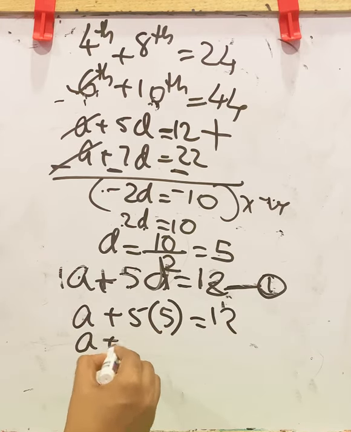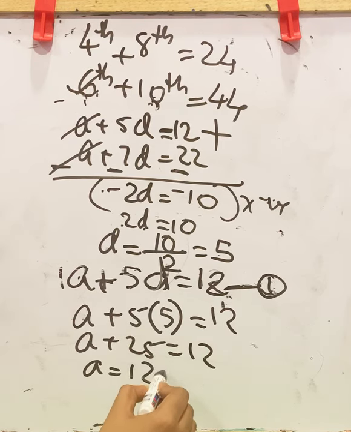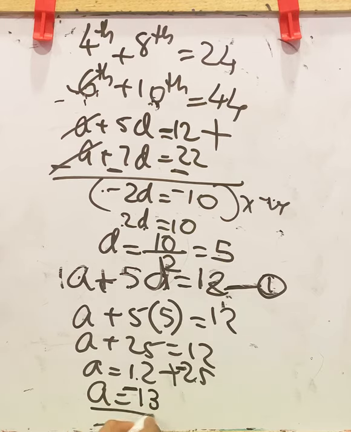That is A plus 25 equals 12. A equals 12 minus 25. 25 becomes negative on moving across, so subtract the smaller number from the bigger number and put the sign of the bigger number. A equals minus 13.